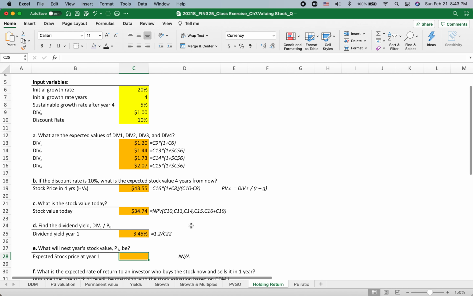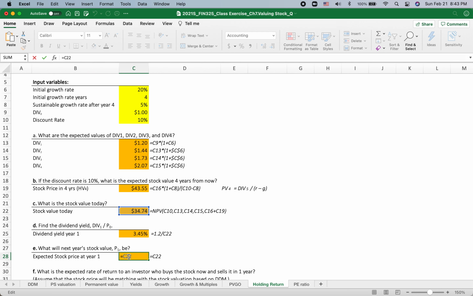Then what will next year's stock value be? Now let's get this. That's the same equation. Then I just want to remove this first year. So we start from dividend 2, 3, and 4, and then also the stock price in year 4, the permanent value.